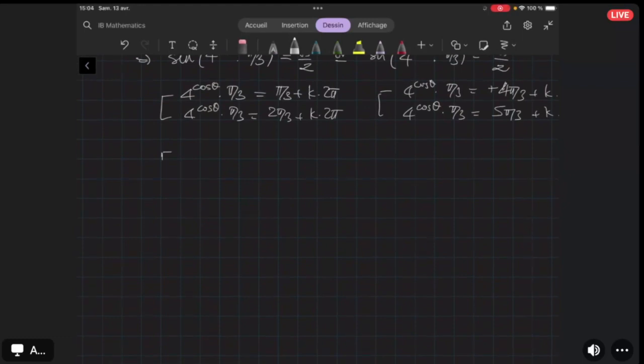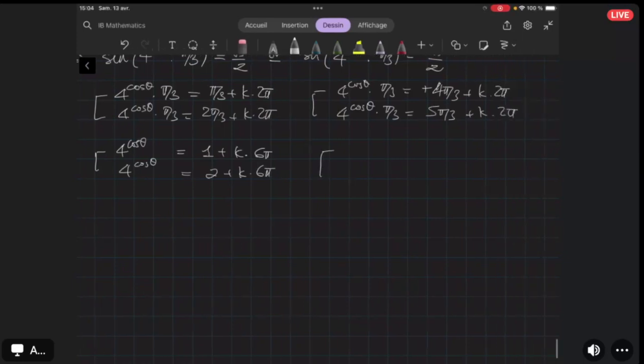Moving on. Divide everything by pi over 3. Oh, oops. Sorry, it should be plus 6.